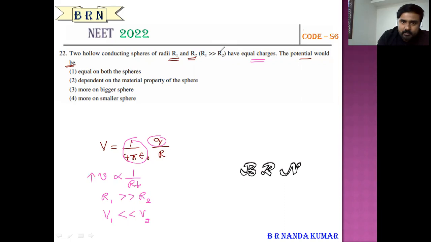So radius kadme irodu second sphere, smaller sphere ge radius kadme irutte. So radius kadme idre potential maximum. The potential would be more on smaller sphere. ಯಾಕಂದ್ರೆ smaller sphere ge radius kadme ಆಗುತ್ತೆ. Radius kadme ಆದರೆ potential ಜಾಸ್ತಿ ಆಗುತ್ತೆ. The right answer is option 4.